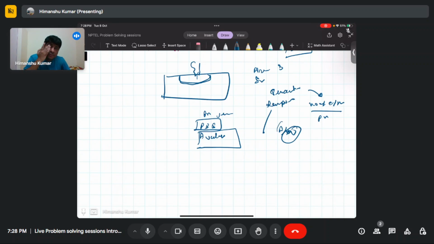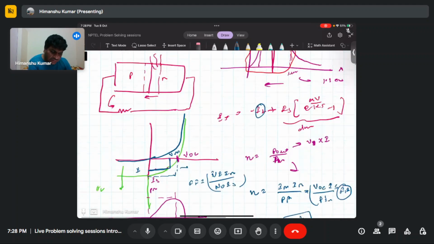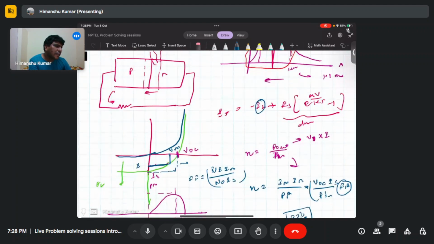These are two important parameters that you can use to characterize photo detectors.